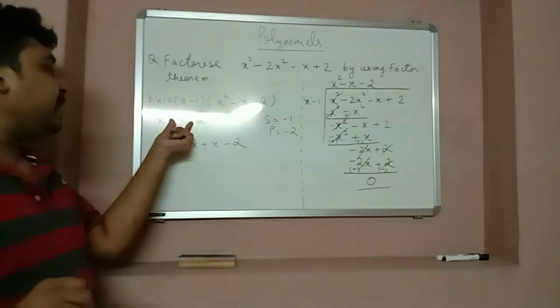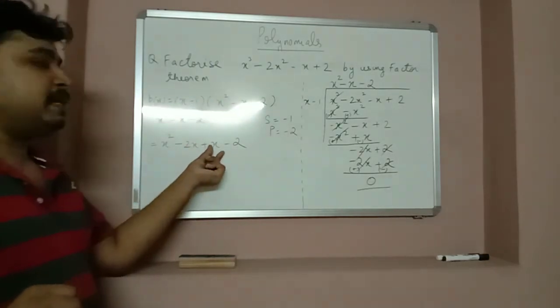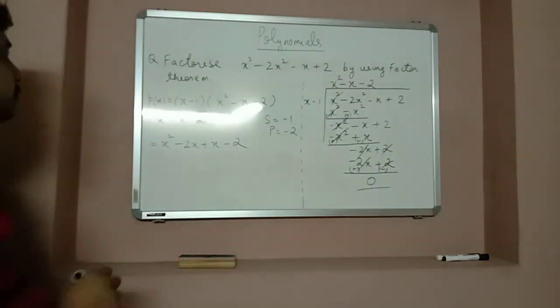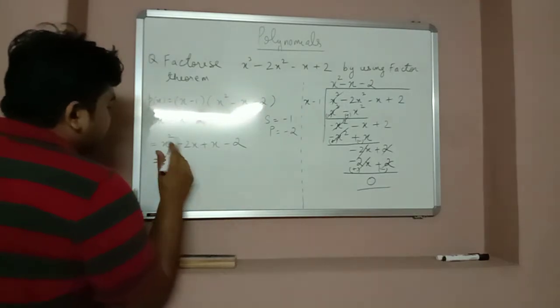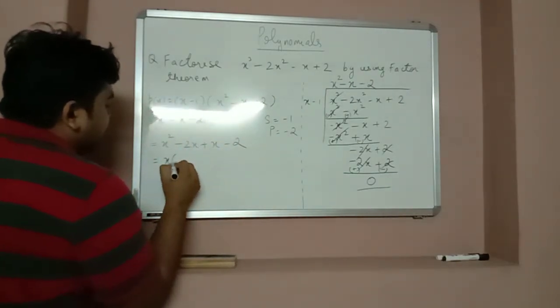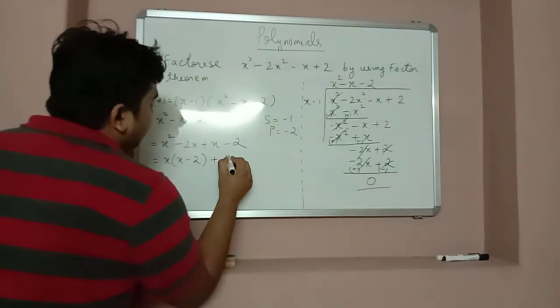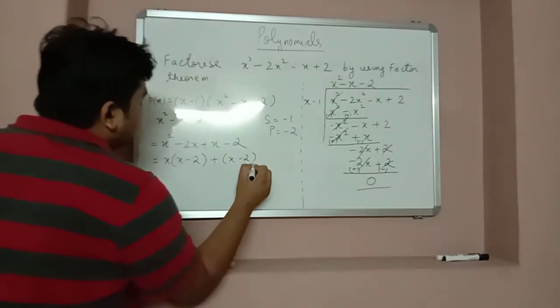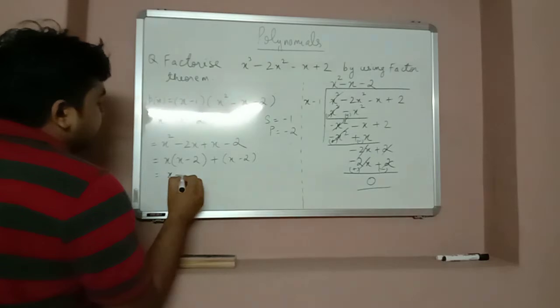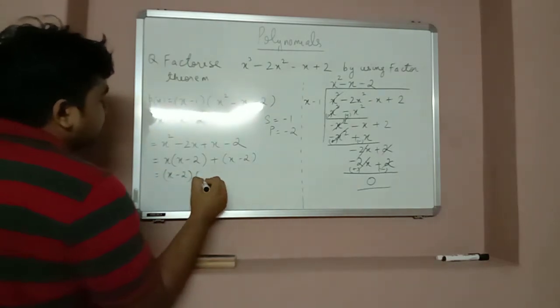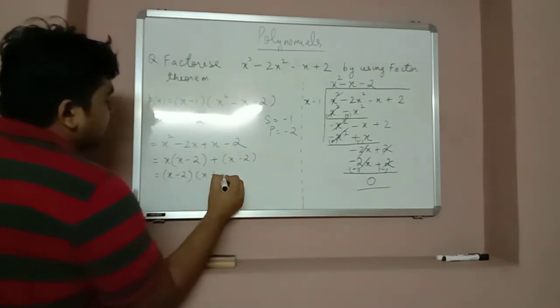So instead of minus x, I wrote minus 2x plus x. Now in the first two terms, I can take x common. I'll get x minus 2. And in the next two terms, I'll take 1 common. I'll get x minus 2. So I'm taking x minus 2 common from both the terms. I'll get x minus 2 into x plus 1.